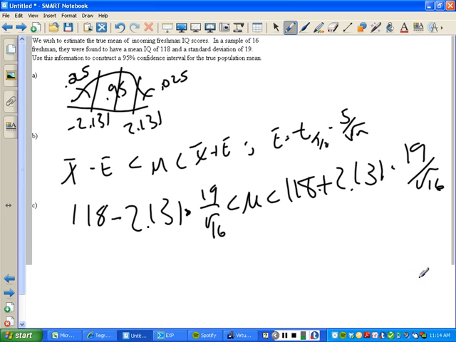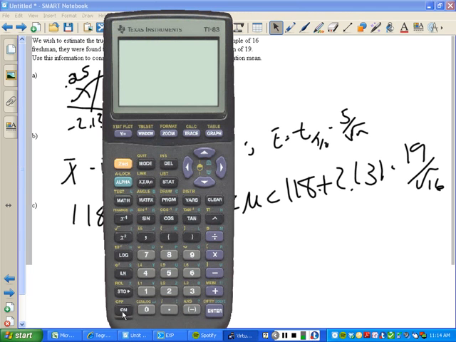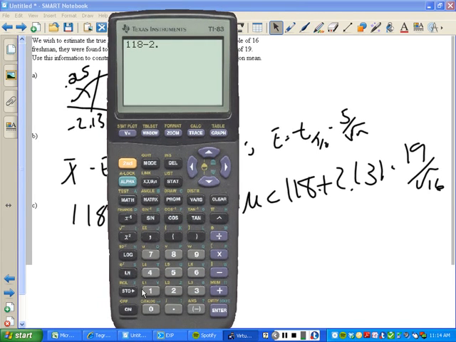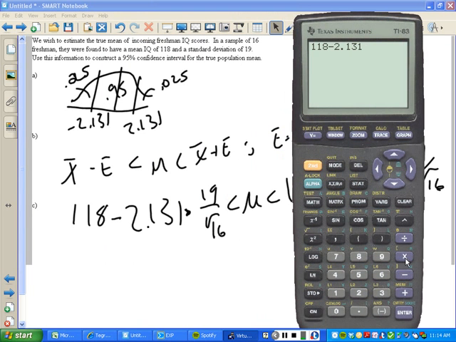All right, typing that in. 118 plus, or excuse me, minus 2.131 times 19 over the square root of 16. Yes, I know we could say it's just 4 and do that in our heads, but let's not get crazy. Okay, 107.88, or 107.9 if you will.